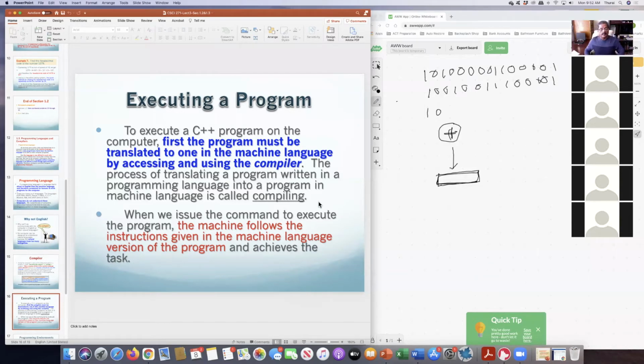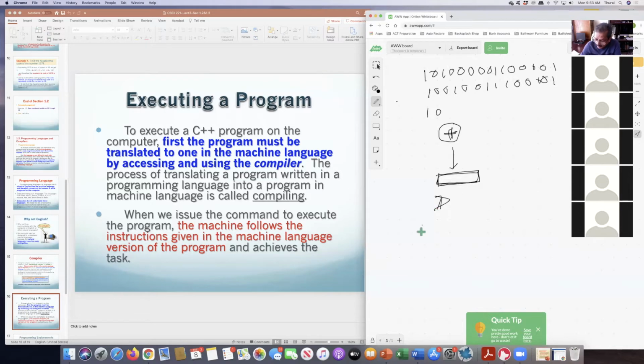For Windows, there are many compilers available. Most of them are free. So I'm going to explain to you how to use one of those free ones. These free ones have been adapted by John Jay, and in all the labs, we have that software already installed. It's called Dev C++. If you want to download and have it ready in your computer, you can do that. It's a free download.